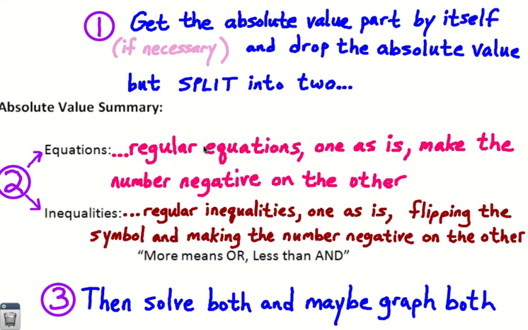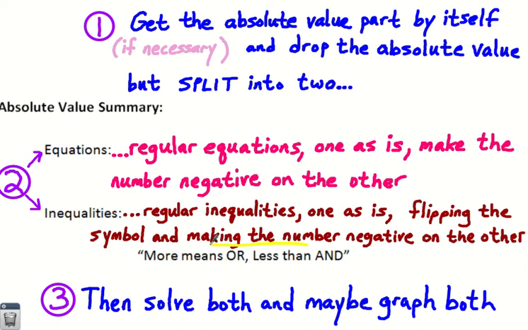You just have to remember how those two different cases are supposed to go when it comes to inequalities. Then you solve each one separately right down here. I'm going to highlight something here: when it comes to inequalities for absolute value, if the original inequality was a less than, then the appropriate word is and. If it was greater than or more than, the appropriate word is or.